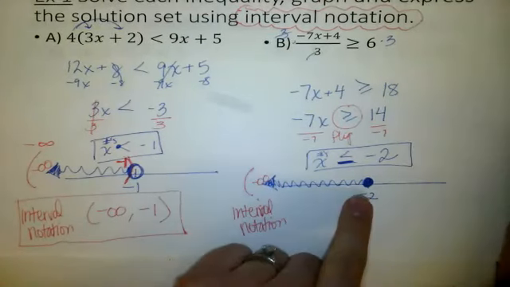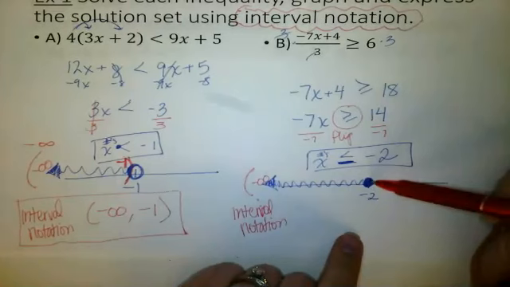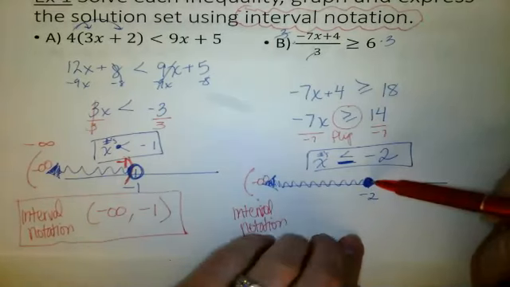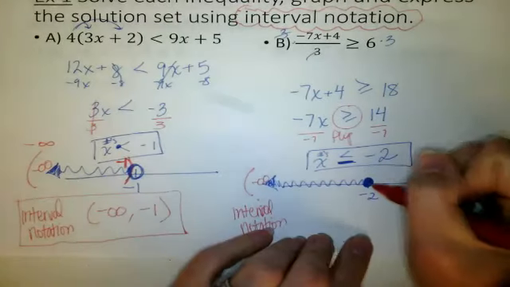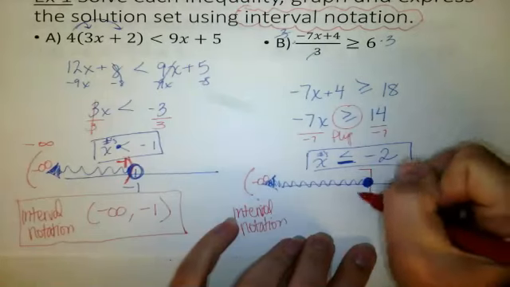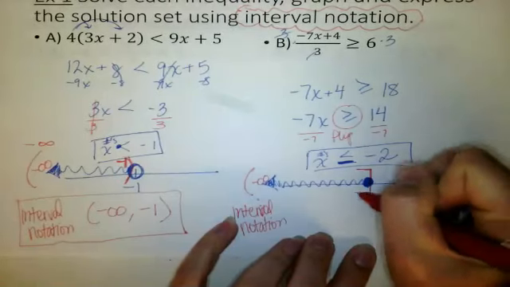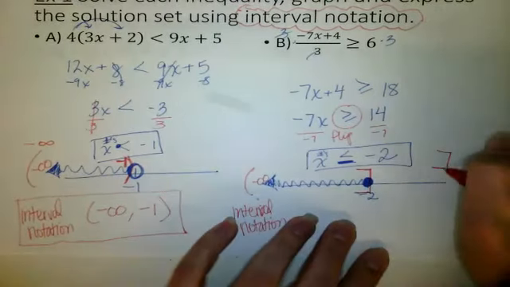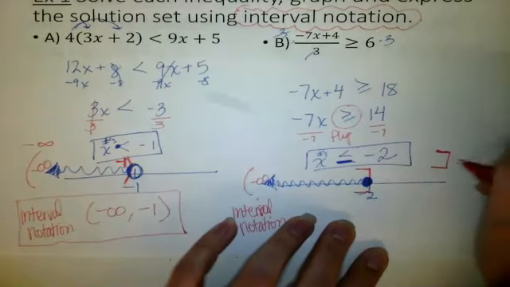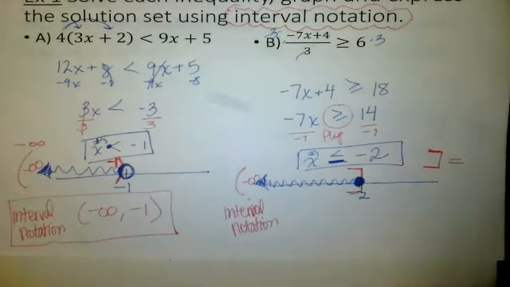Over here, it's a bracket. This is where brackets come in. We use a bracket when we're allowed to equal something.